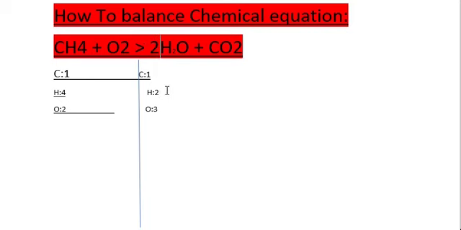Just like what I said before, there's a 2 here, so that means there's going to be a big 2 here, and there's 1 here, so that makes 2 oxygen atoms plus another 2, which makes this one 4, and this one 4 as well.